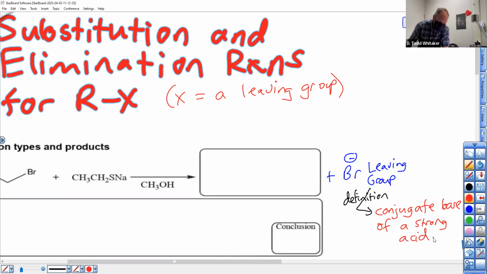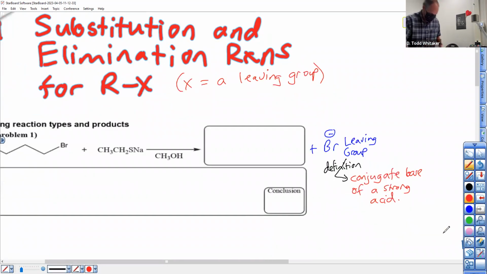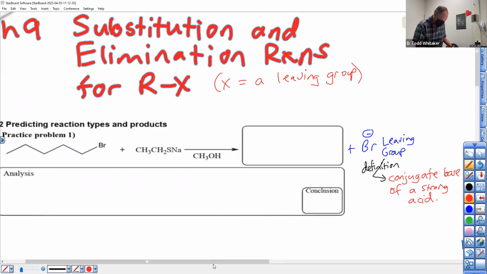You can't be in chapter 9 unless you have a molecule that has a leaving group on it. Got it? So we've already got that molecule. That's RX to the left. And you always have to analyze RX first. Give me a category for the carbon attached to the bromine. Can I summarize all the categories we know so far?